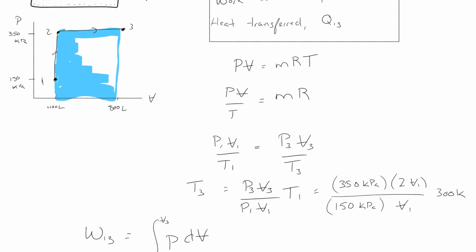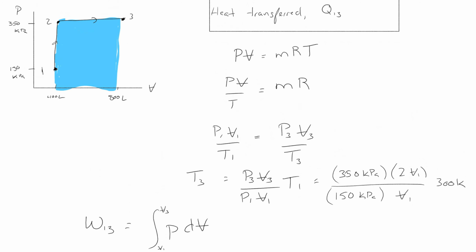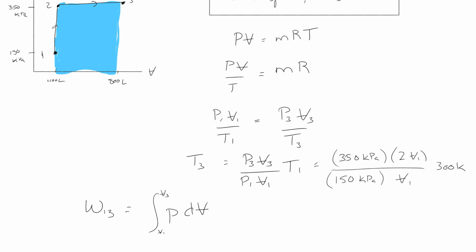All right. So if you didn't remember how to perform the integration, you could use simple geometry to figure out what this area is. All right, but we're not going to do that. We're going to note that during this process, this is equivalent to the integral from V2 to V3 of P dV, where this is P2 or P3, however you want to denote that.